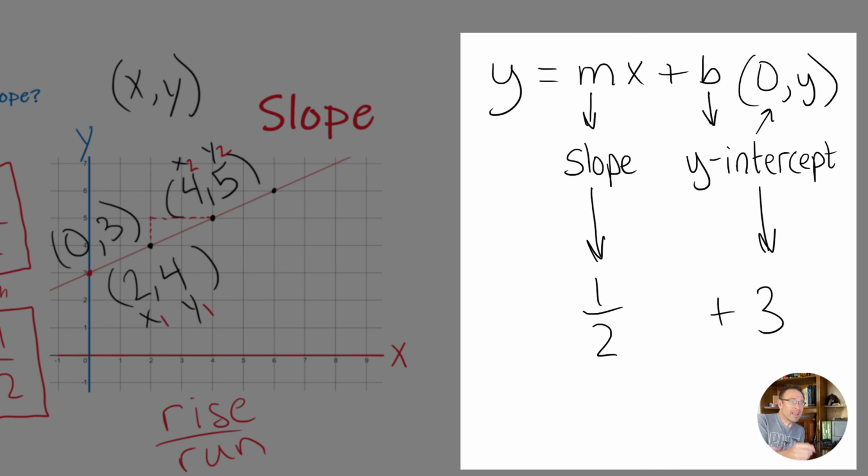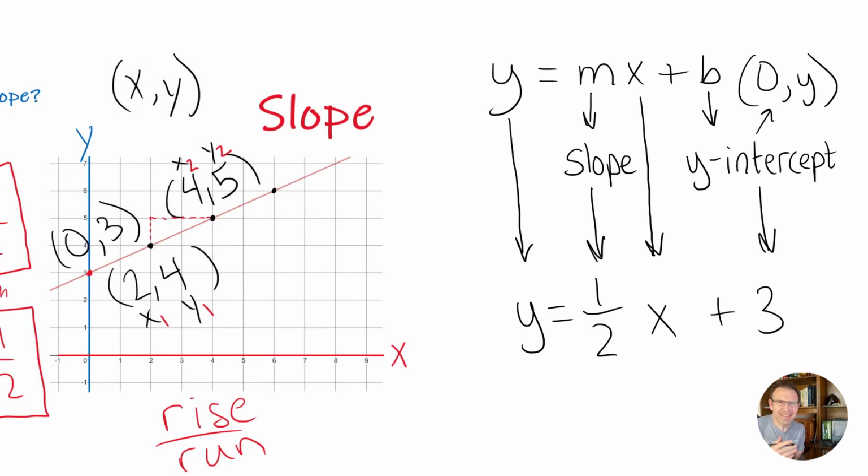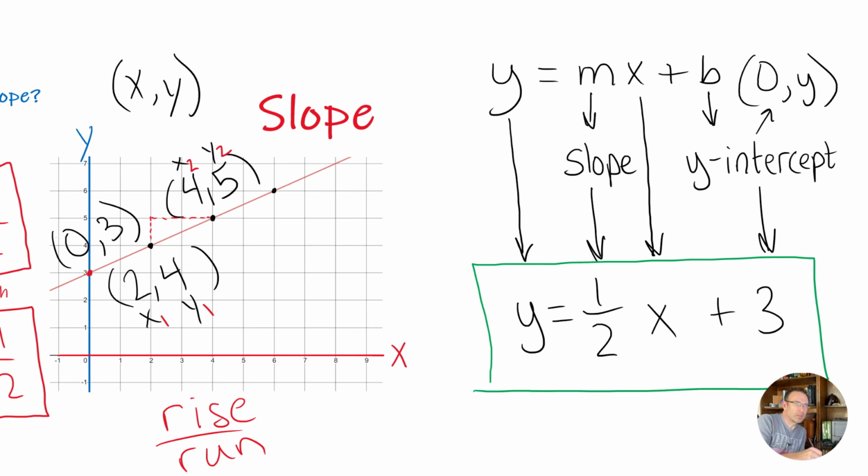Okay, and then all we got to do to finish this equation off is write y equals, and then bring the x down as well. y equals 1/2 x plus 3. That is the equation for this line in this graph. How easy is that? So here it is. The equation for this line on this graph.